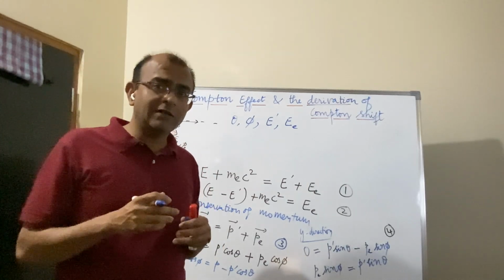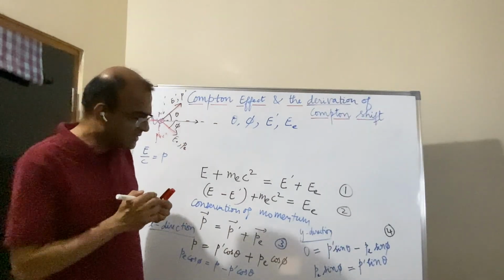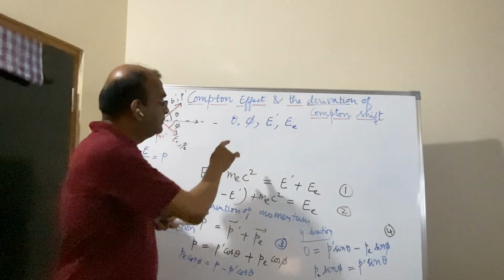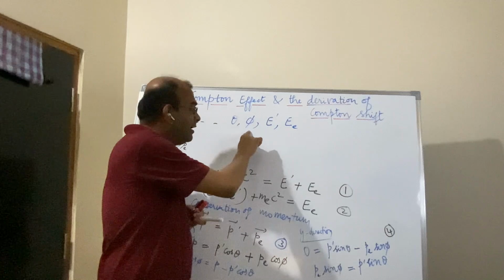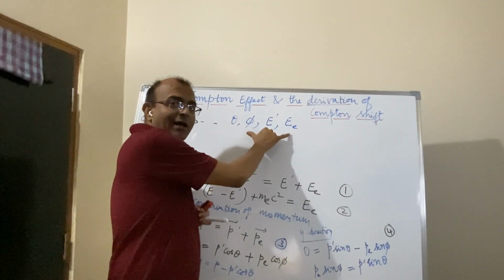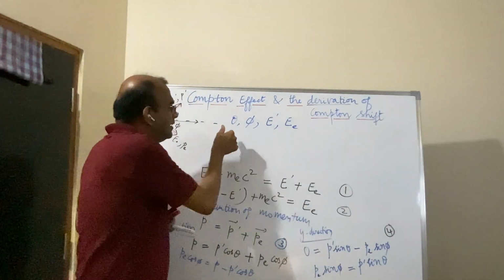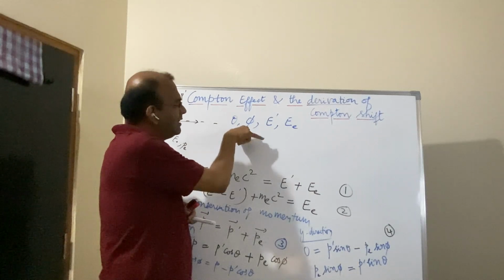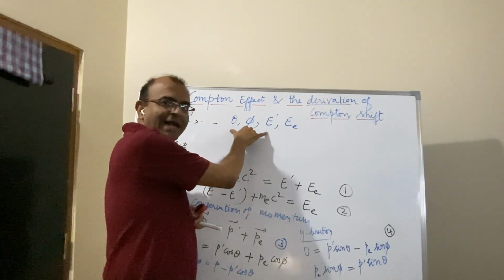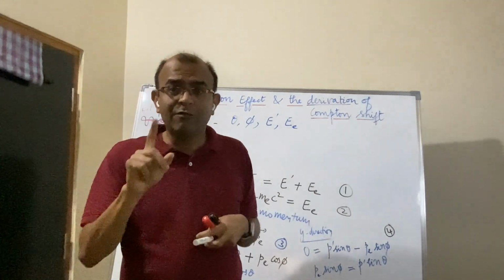So in order to solve this, we have to eliminate a couple of unknowns. We can either decide to eliminate the electron scattering angle and the electron energy, or the photon scattering angle and the photon scattered energy. Either this pair or that pair we have to eliminate.